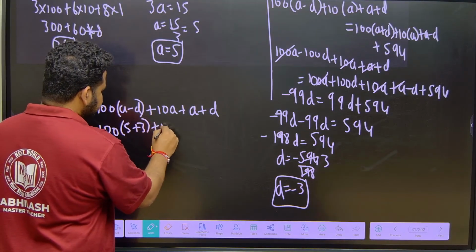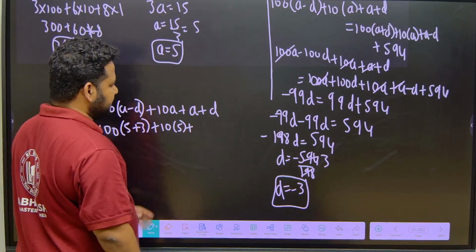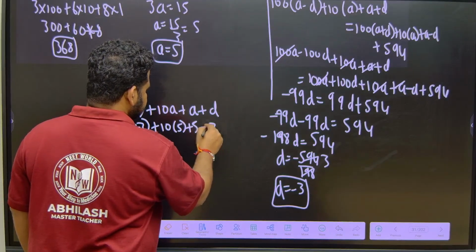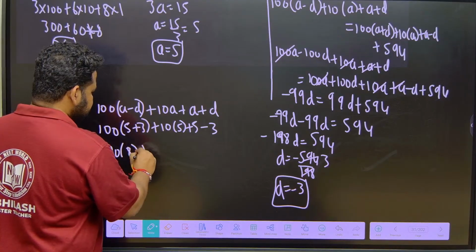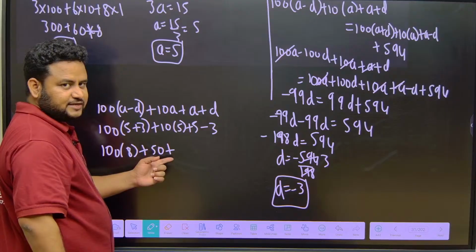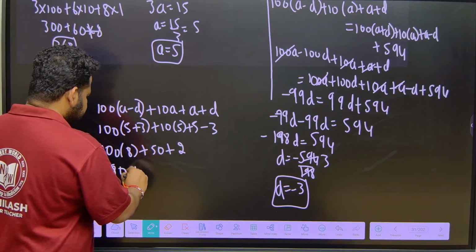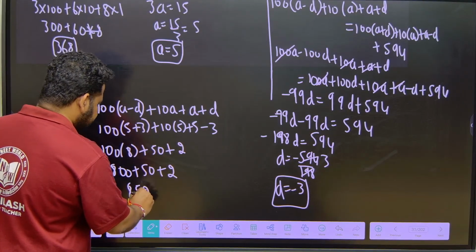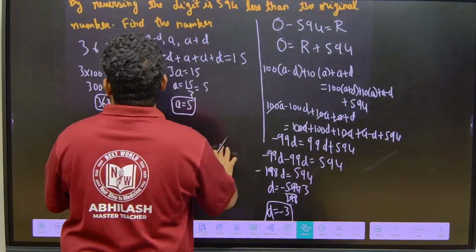Plus 10 into a, which is 10 into 5, is 50. Then a plus d is 5 minus 3, which is 2. So this is 800 plus 50 plus 2, which is equal to 852. So the original number that we will get is 852.